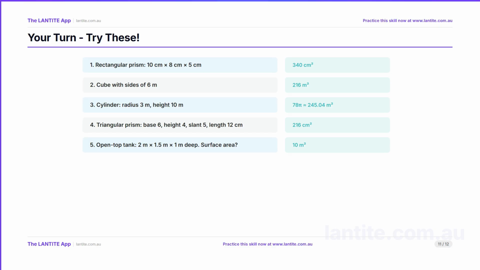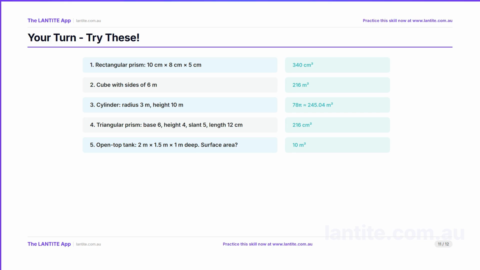Pause the video and try these 5 problems. Problem 1. Find the surface area of a rectangular prism 10 centimeters by 8 centimeters by 5 centimeters. Problem 2. A cube has sides of 6 meters. Find the surface area. Problem 3. A cylinder has a radius of 3 meters and a height of 10 meters. Problem 4.